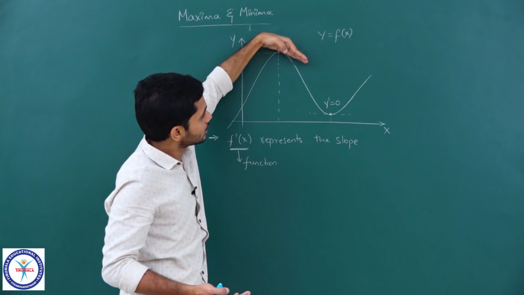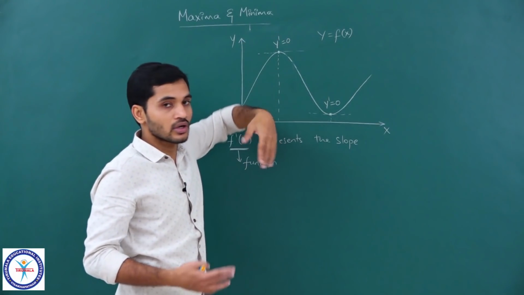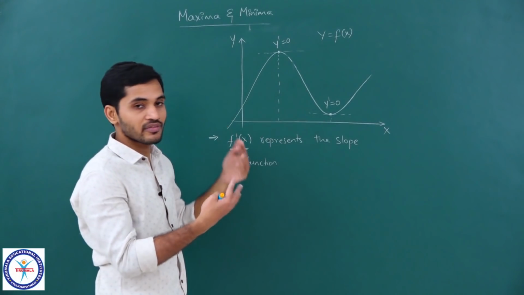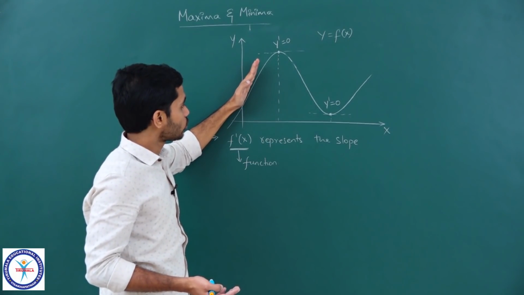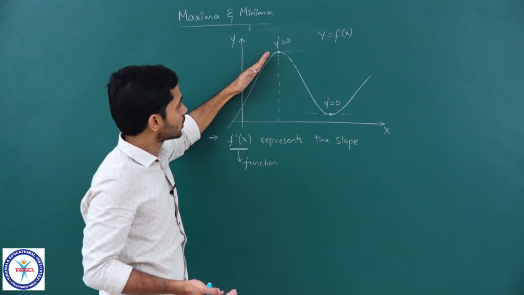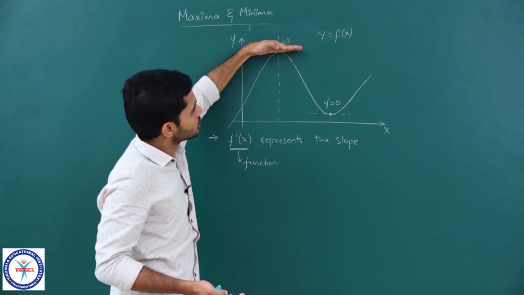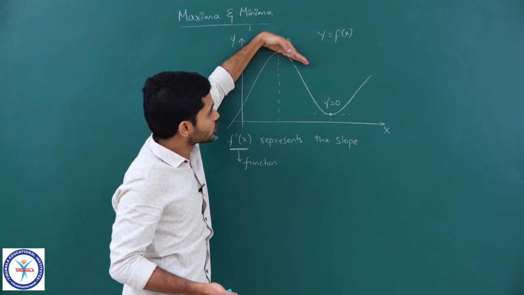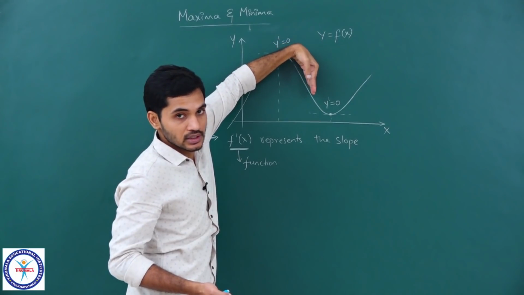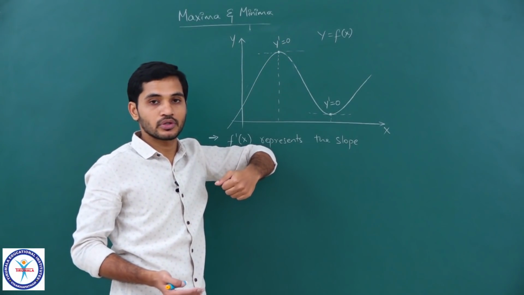So, slope is more, decreasing, 0, decreasing, right, or you can understand it like this. Let us give some values. So, slope is 5, 4, 3, 2, 1, 0, minus 1, minus 2, minus 3, minus 4, so on. Do you understand that?